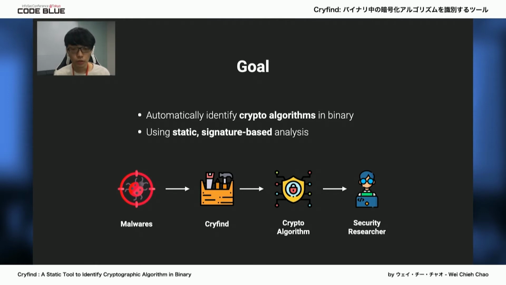Our goal here is to provide an automated tool to identify cryptography algorithms used in binary. We want to do it with static signature-based analysis, which is more efficient and general than dynamic techniques, and therefore more scalable in real-world applications.